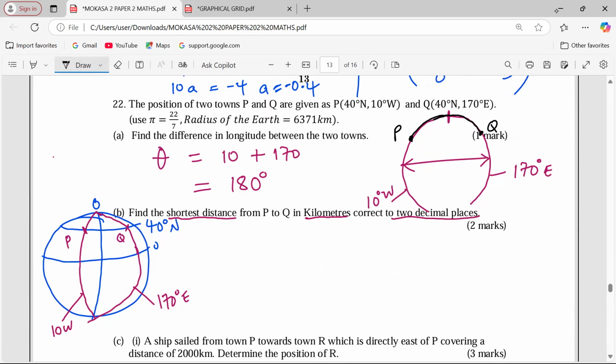So if you are moving up to the north using 10 degrees in the west, upon reaching the North Pole and proceeding with the same route without negotiating any corner, just proceeding, you automatically enter 170 degrees in the east.